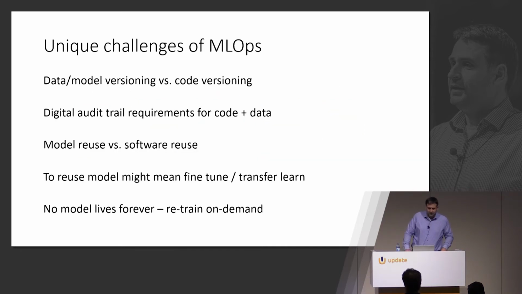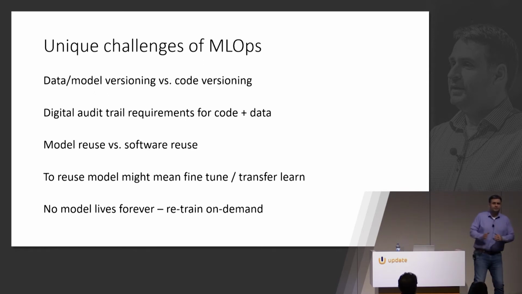So this particular approach comes with a bunch of interesting challenges. And I've already touched on a few of them, like data and model versioning. You need to handle both of them. The other one is traceability.